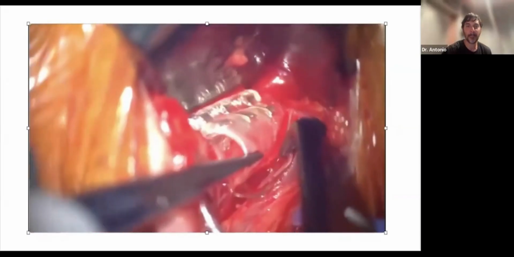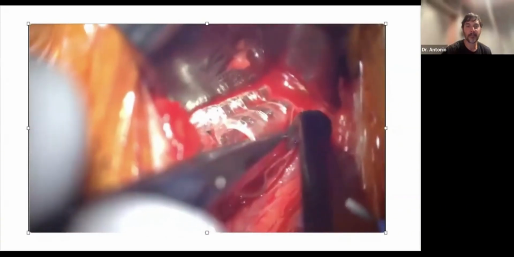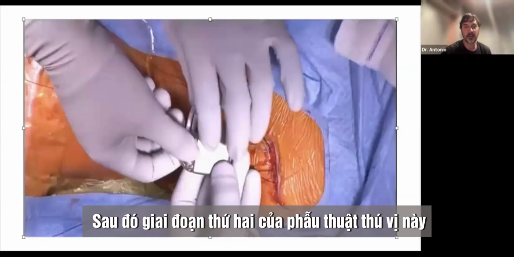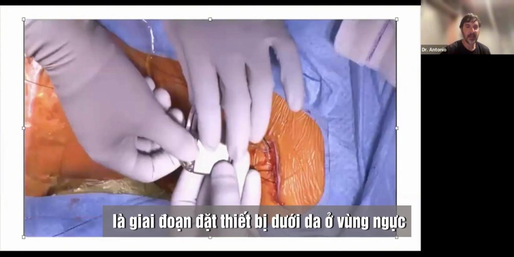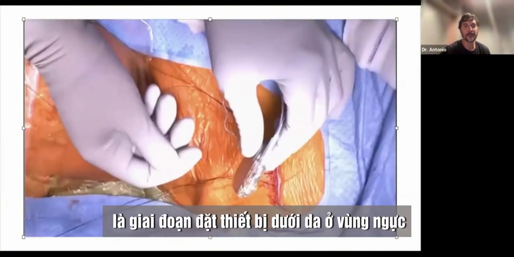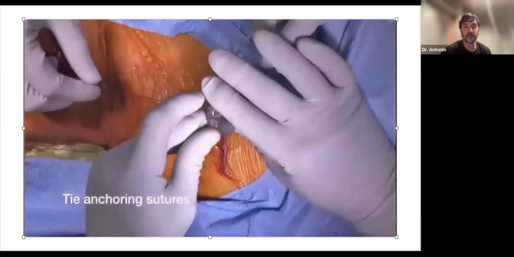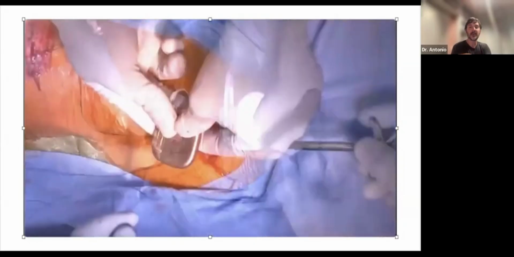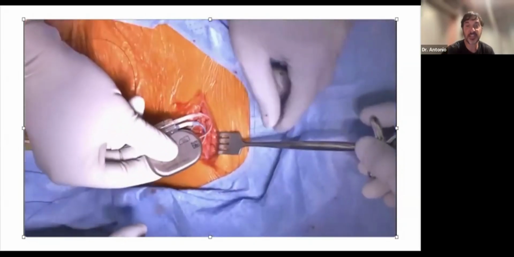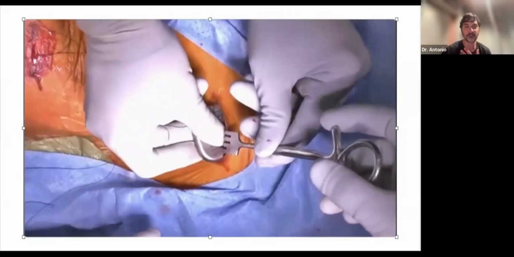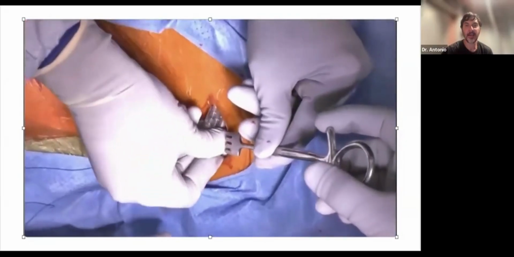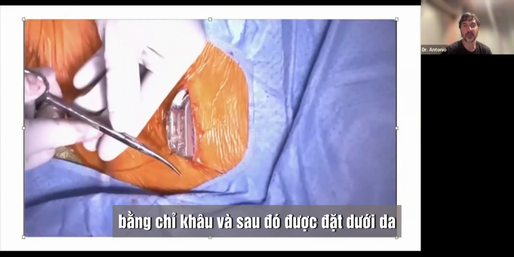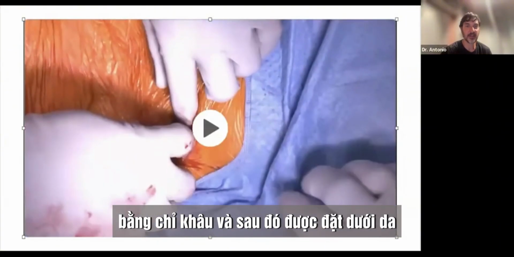Then the second stage of this interesting surgery is placing the machine under the skin in the thorax. It is anchored with a suture and then placed under the skin.